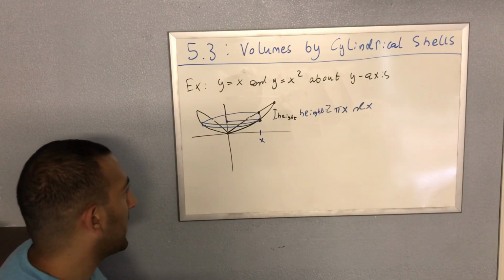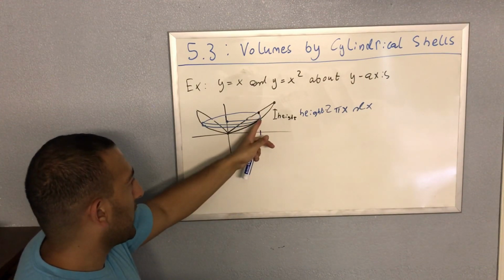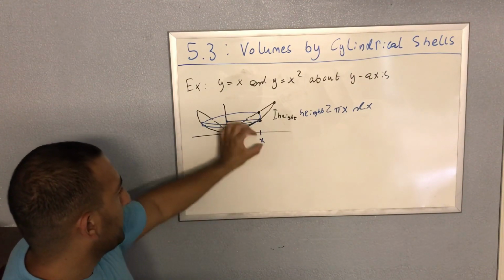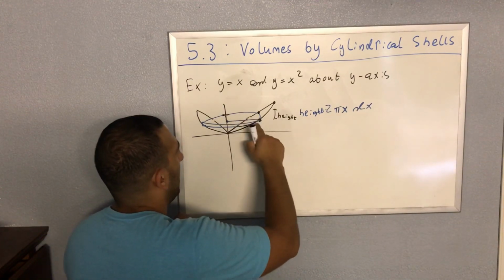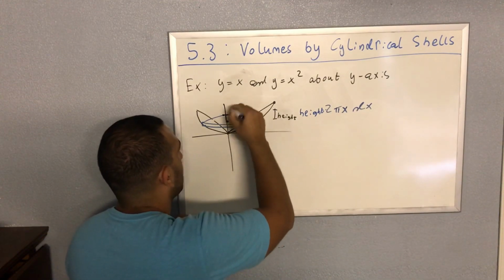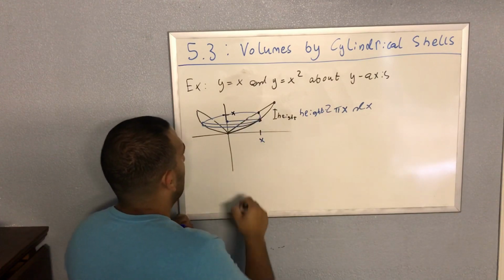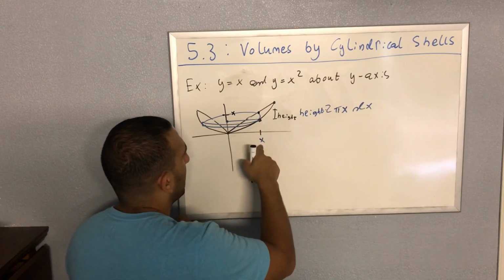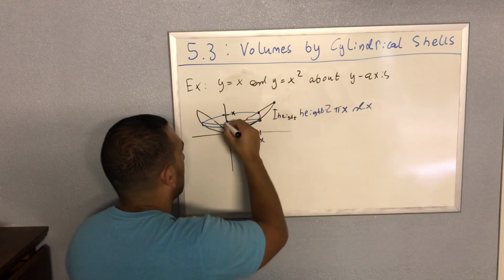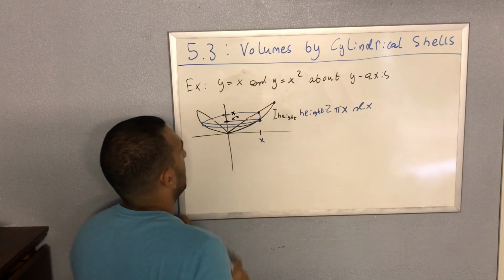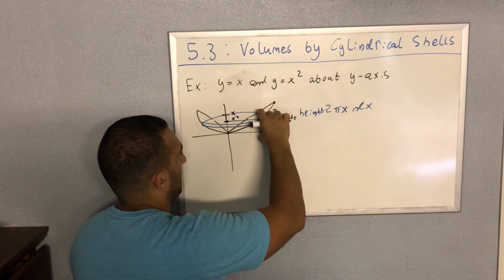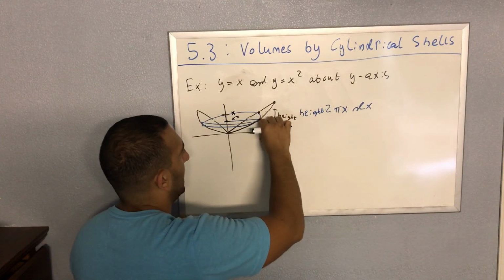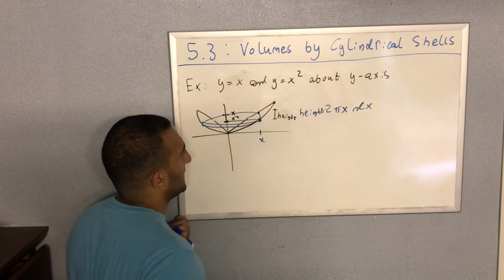And so what is that height? Well, it's the y top minus the y bottom, right? Because up here is what happens when you stick x into the line, you just get x out, right? And then when you stick x into this function, you get x squared out. So it's the height you get here minus the height here, that gives you this little sliver.